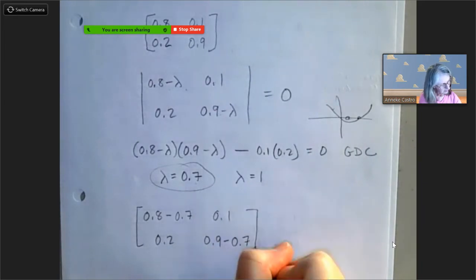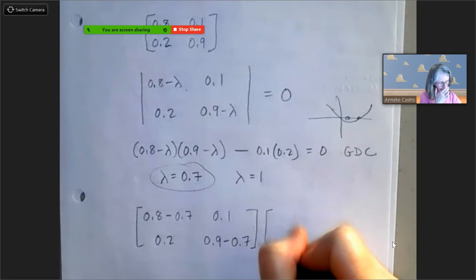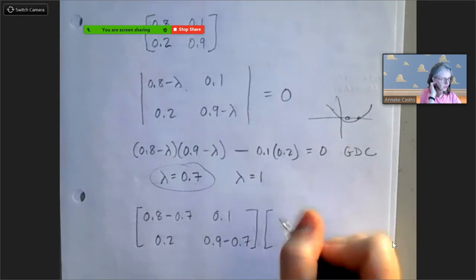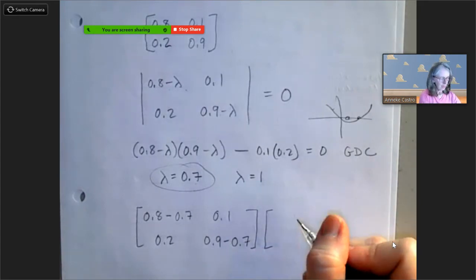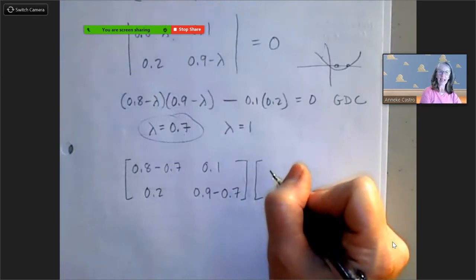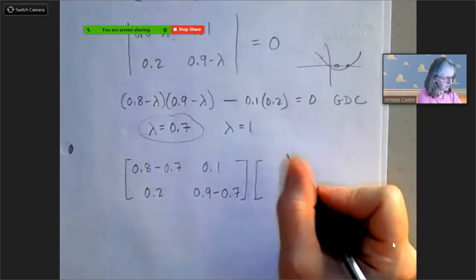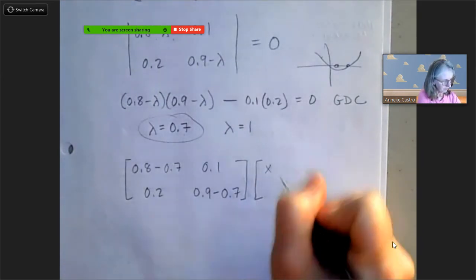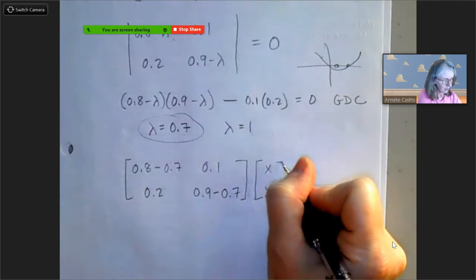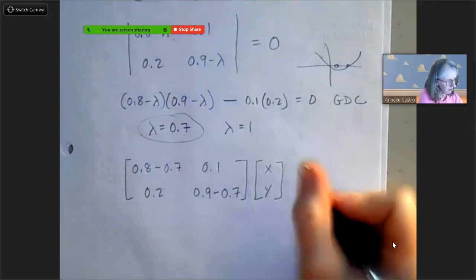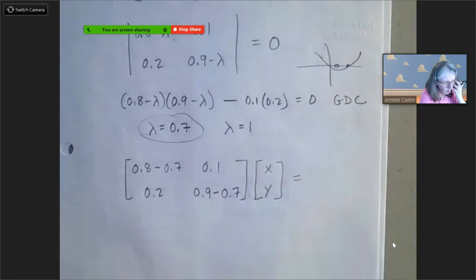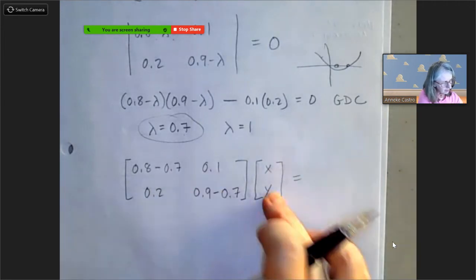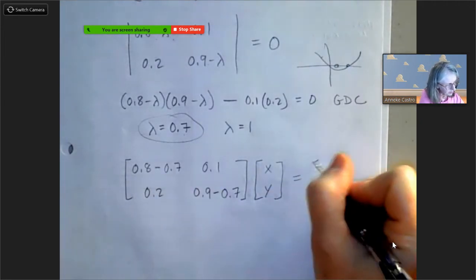Then I multiply that by X and Y for right now. I could have used my H and Z, but for simplicity's sake I'm going to use X and Y because now I'm trying to find my eigenvectors. So when I have this matrix times X, Y, I should end up with 0, 0.